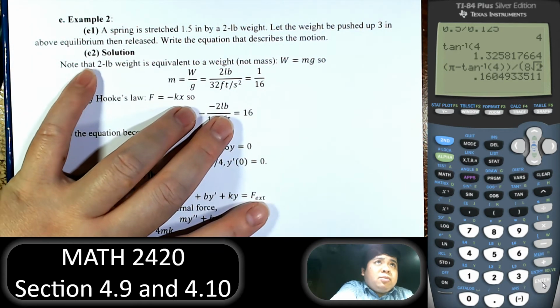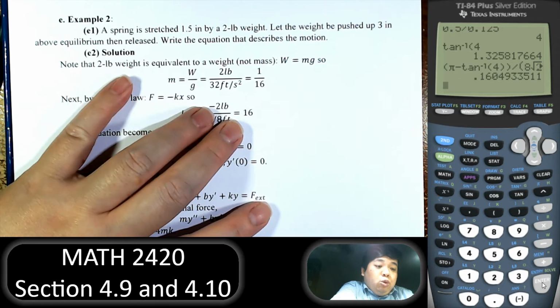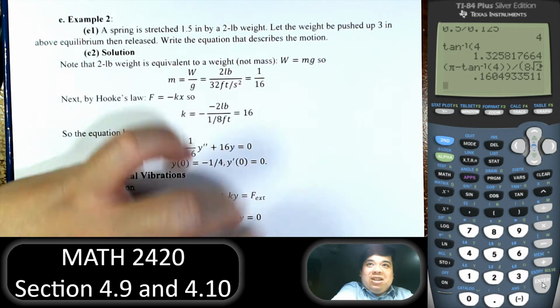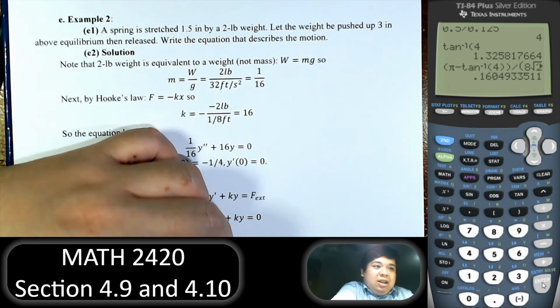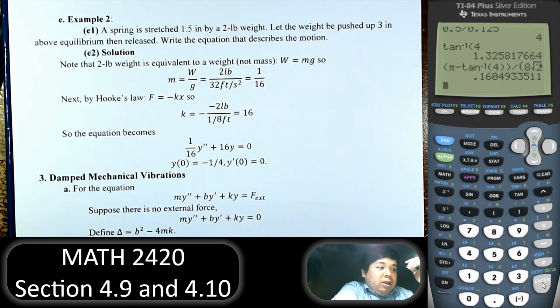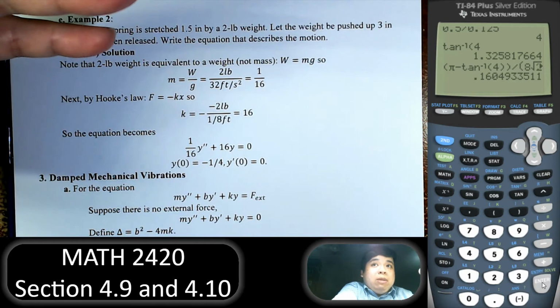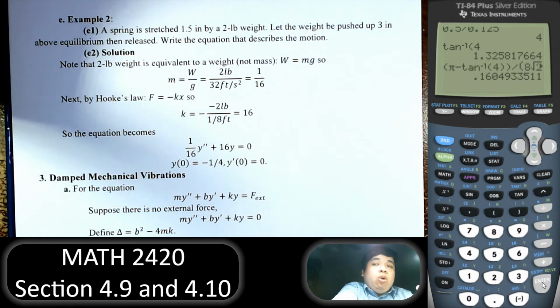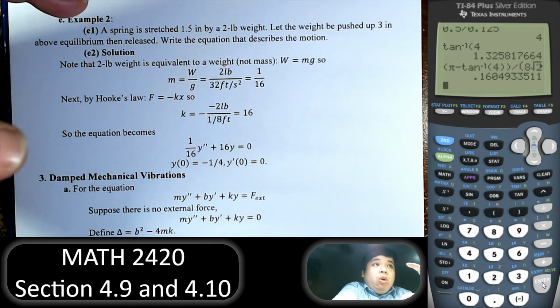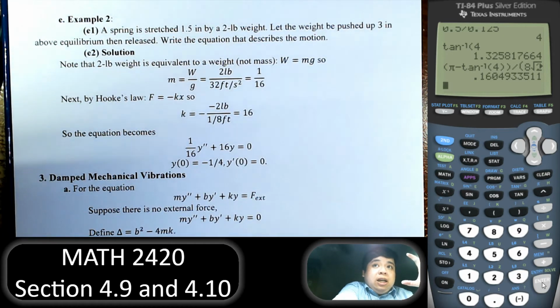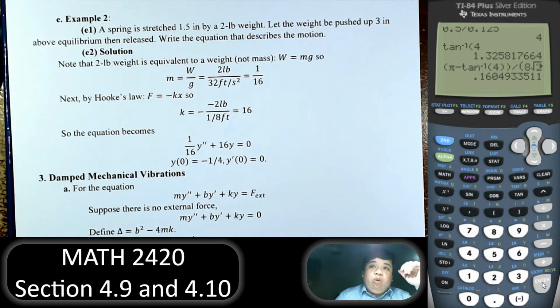So first, the problem here is the 2 pound weight. The weight is not the mass, right? The mass is constant. So if the mass of 10 kilograms on Earth is still 10 kilograms in outer space, where there's no gravity, the weight is going to be 0.